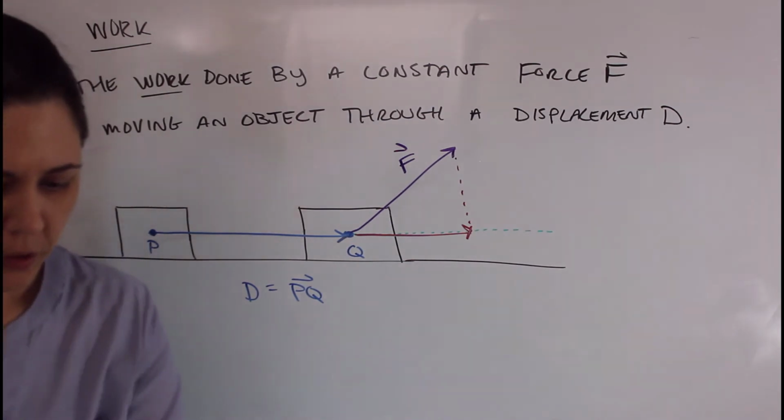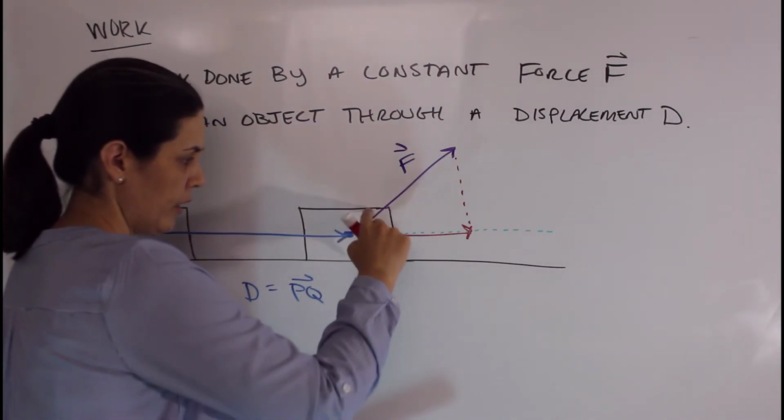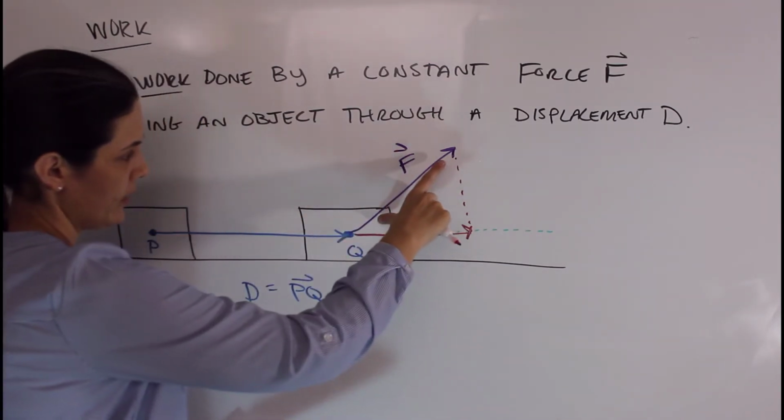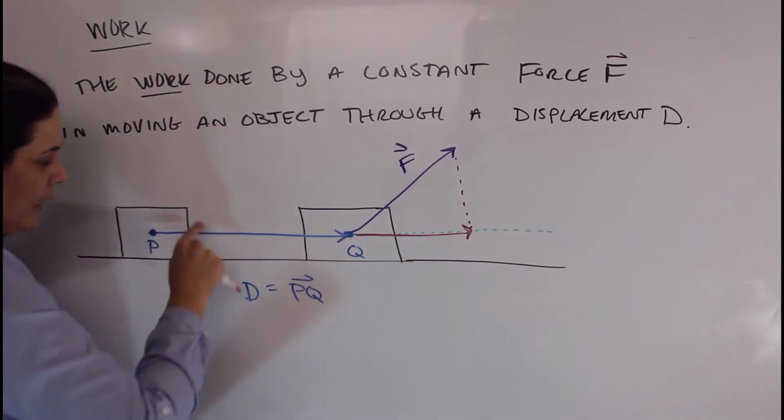Then there's an angle formed between this vector that I projected onto. So technically, you can take this force vector and put it right back here at the starting point and think of that as the angle.